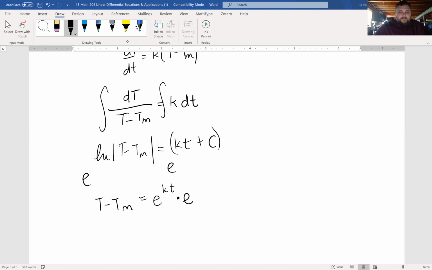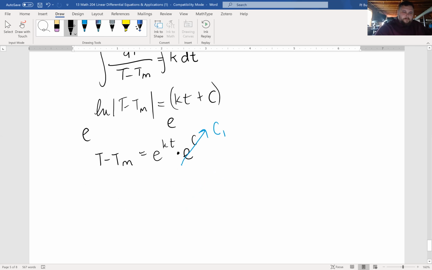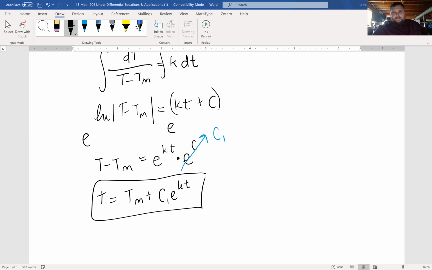We say we can make that times e to the C, or let's just call that C1. Why did I do that? Well, now when I move the Tm to the other side, notice I get the exact same equation that I got last time.